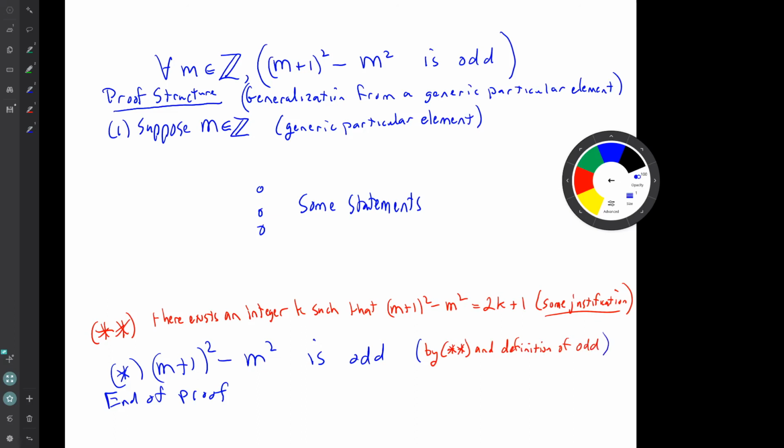It's going to be justified by the second to last statement and the definition of odd. So that blue frame is inevitable. We have to have that frame to prove a universal statement. And furthermore, that red line and that justification has to be there because we have to deal with this defined term.